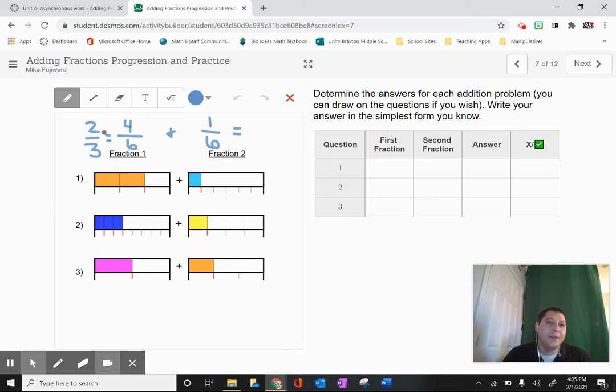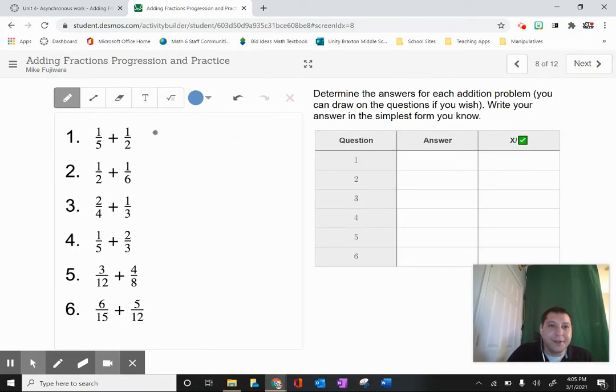If I multiply 2/3 by 2, top and bottom, I end up with 4/6, which is the same denominator as the second fraction. So by coming up with an equivalent fraction, I can add them much easier. So 4/6 plus 1/6 would give me 5/6. And you'll try that with these other two.